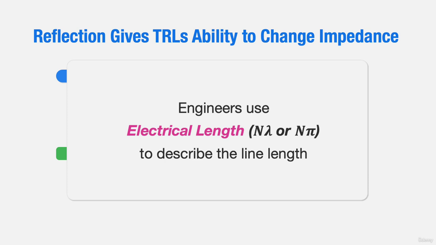Besides the wavelength, the electrical length can also be expressed in terms of angles. For instance, we can use the phrase a half pi line to refer to a quarter wavelength line.